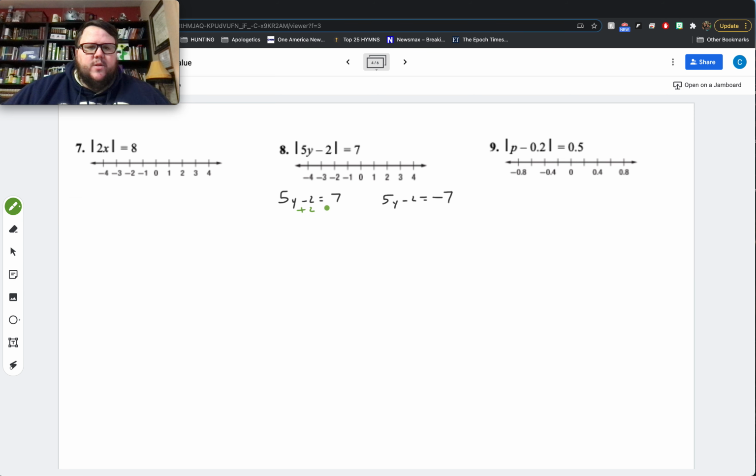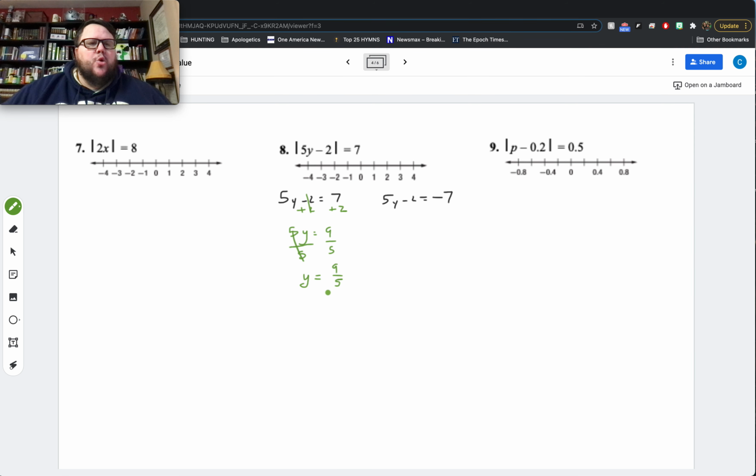Add 2 to both sides: 5y equals 9. Divide by 5, and y equals 9 fifths. I'm not going to mess with it, I'm just going to leave it as a fraction.